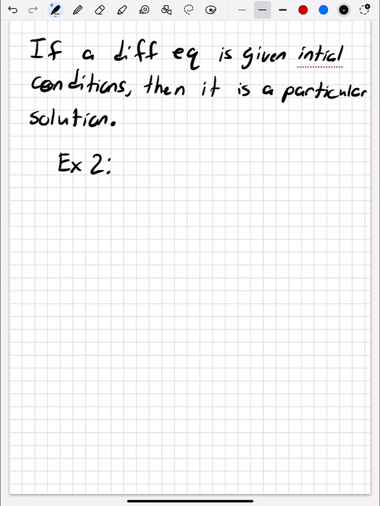So let's say we have the general solution y equals ce to the negative 9x. Okay, so this is our general solution. We have the differential equation y prime plus 9y equals 0.